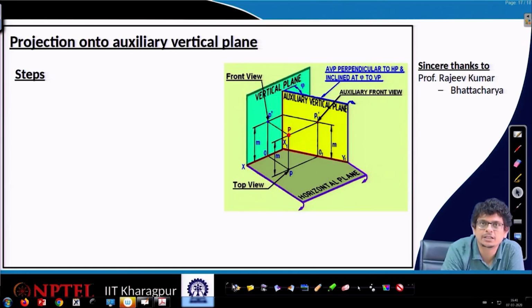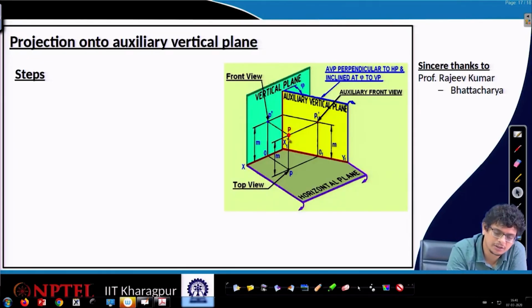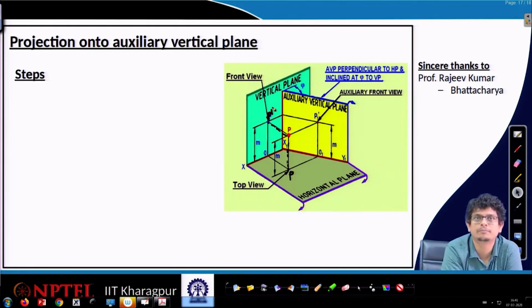If we project the coordinates of this point P onto our vertical plane and horizontal plane, the coordinates will be this one, which is P here, and if I project, this will be P prime.